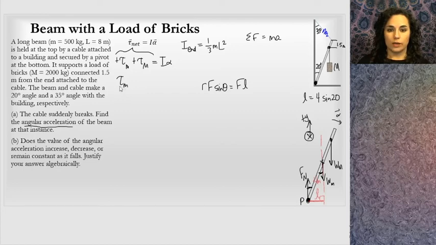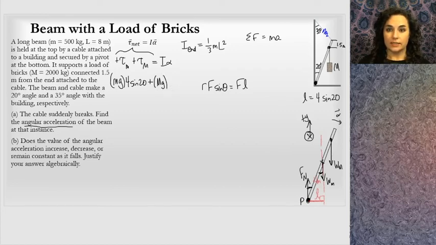So when I write out the torque for M, I will write out mg, that's the weight, times the lever arm, which is 4 sine 20. I'm going to do in a very similar fashion for the torque for the weight of the bricks. That'll be big mg.